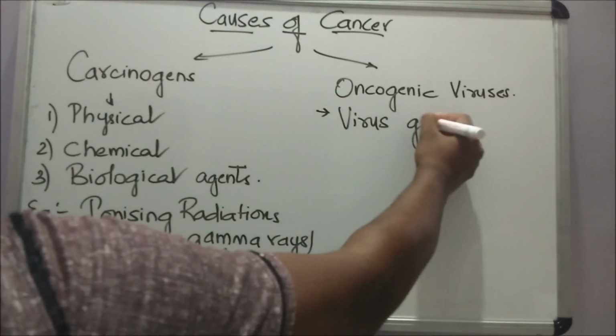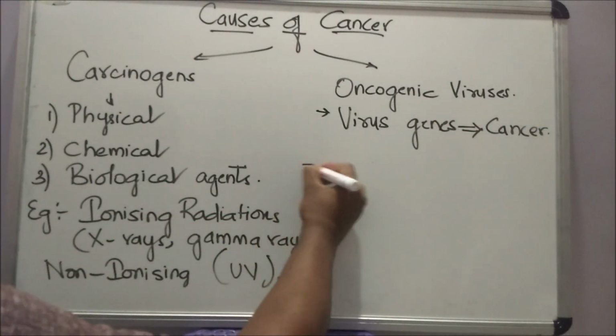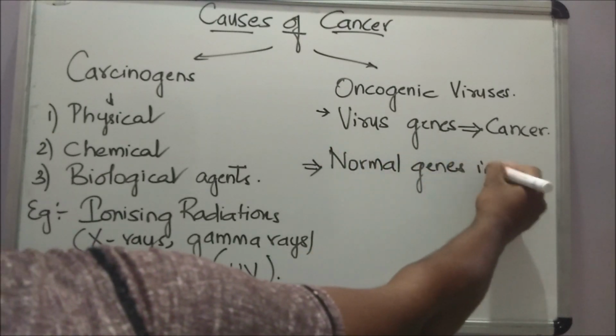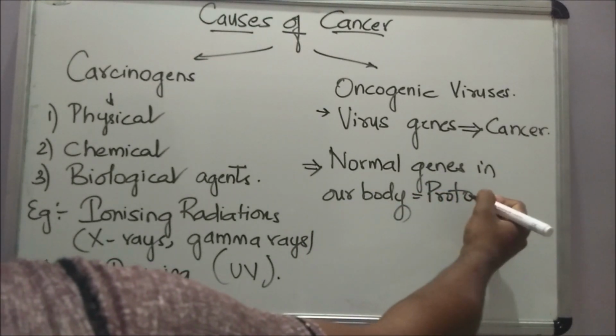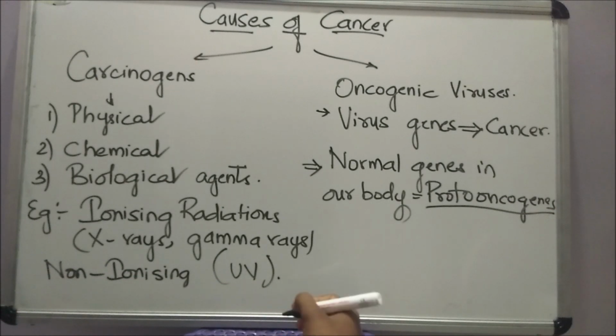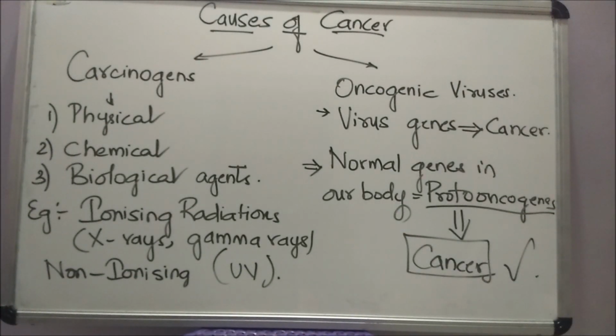The second one is oncogenic viruses. They are also called cancer causing viruses. They have a viral oncogene, that is nothing but a cancer causing gene. Sometimes normal genes in the body, called proto-oncogenes, get converted into cellular oncogenes that can cause cancer.